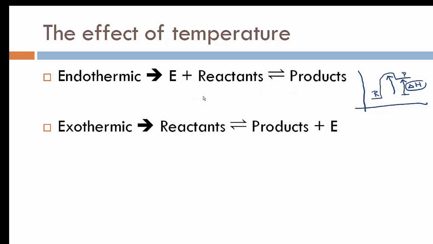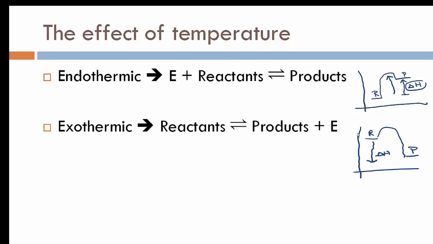So products will increase if you increase the temperature in the endothermic reaction. But what about an exothermic reaction? An exothermic reaction, when we write it, looks like this. There's the reactants, there's the hump, and then there's the products. This is delta H.